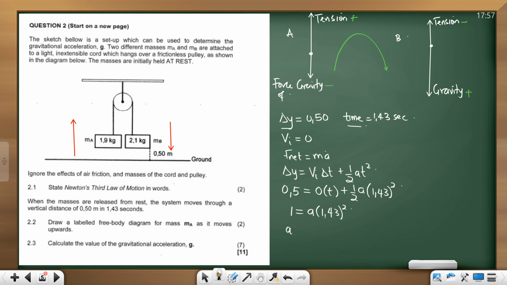Divide both sides by that. 1 over, do you want to give me an answer here quickly? Or we can keep it like this so that we don't round off. Let me just check with you first. Guys, is this first step okay with you?